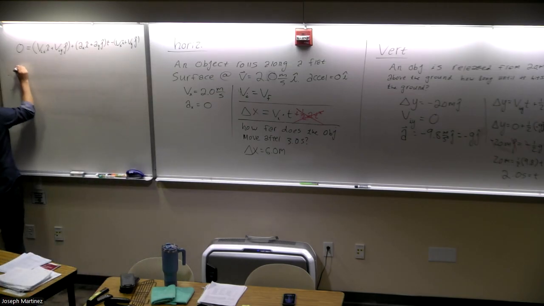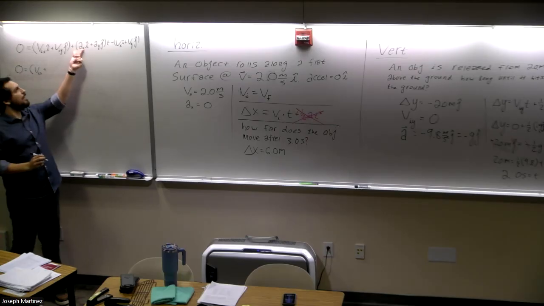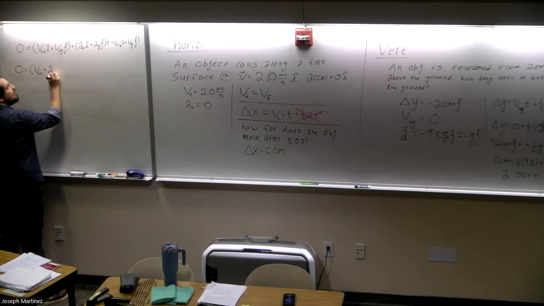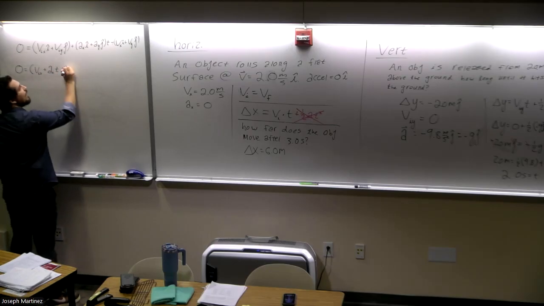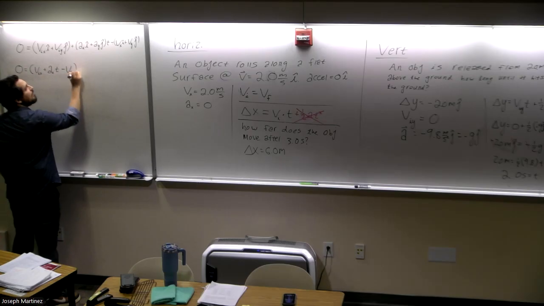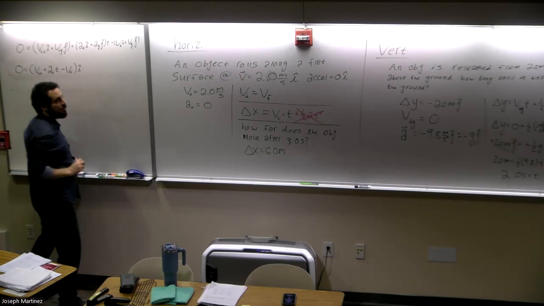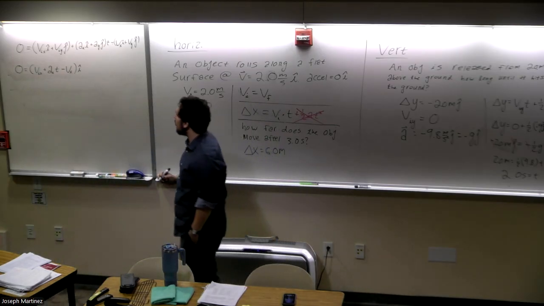And that would tell us 0 is equal to Vix plus acceleration in the x direction multiplied by time, axt, so we distribute that time term in, and then we subtract off Vx, and those are our three i-hat terms. So we combine our like terms, we combine our i-hats.